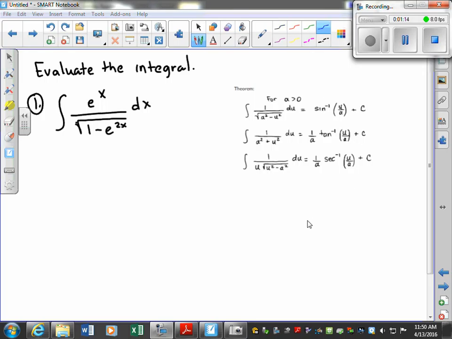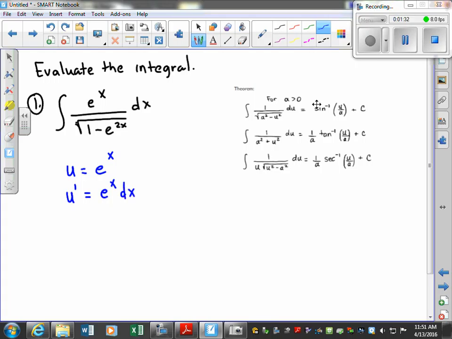Let's see what happens if I let u be e to the x, because I know it's going to be a 1 here. So what would be u prime, or the derivative of u? Just e to the x dx, right?